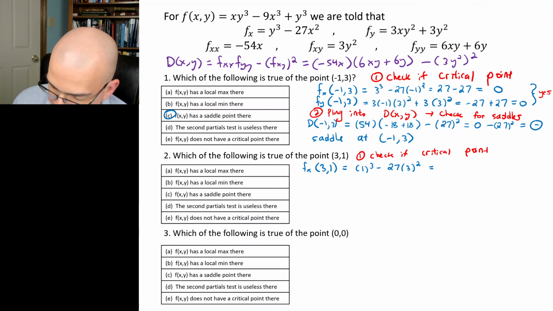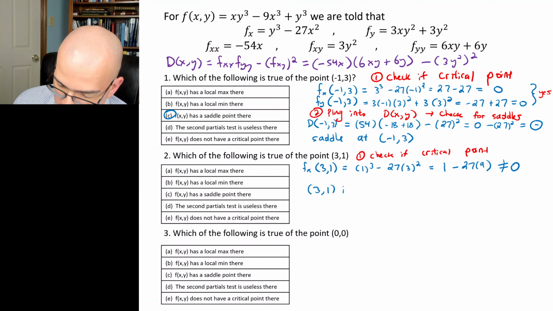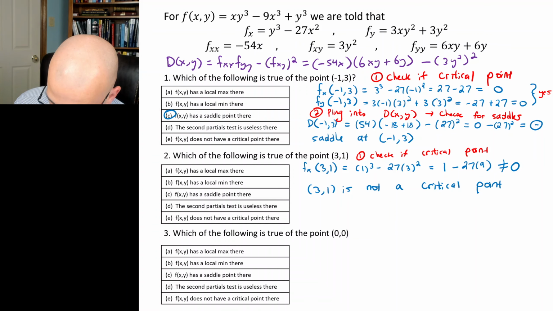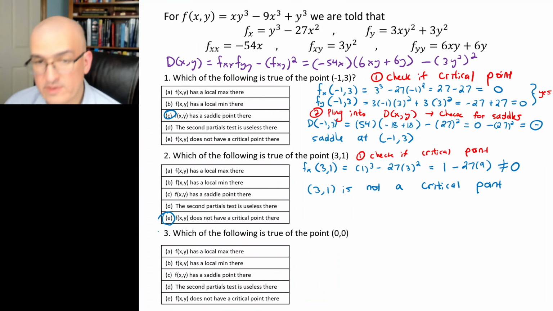Gotta be careful. 1 minus 27 times 9. You can calculate it if you want, but it's negative. It's not 0, whatever it is. So it's not a critical point. 3, 1 is not a critical point. Okay. Very little work to do for that one.